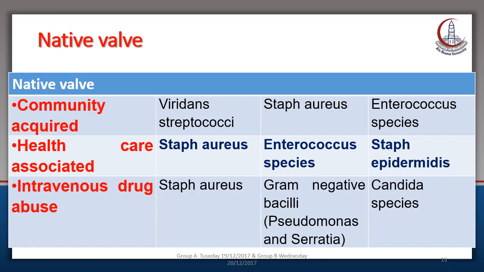Source of pathogen, which may be endogenous or exogenous, and also hospital-acquired or community-acquired infection. Clinical course, which may be acute endocarditis or subacute endocarditis.